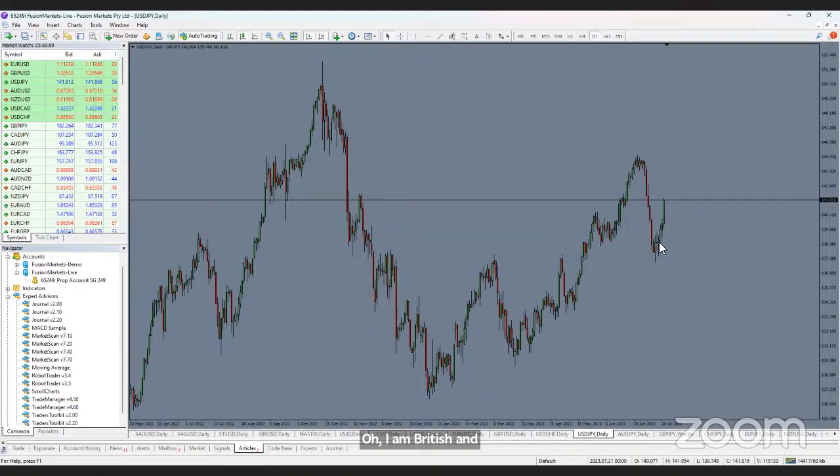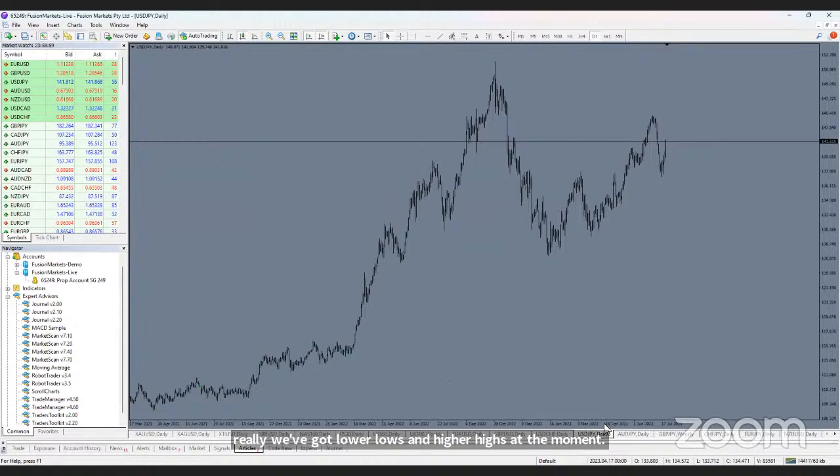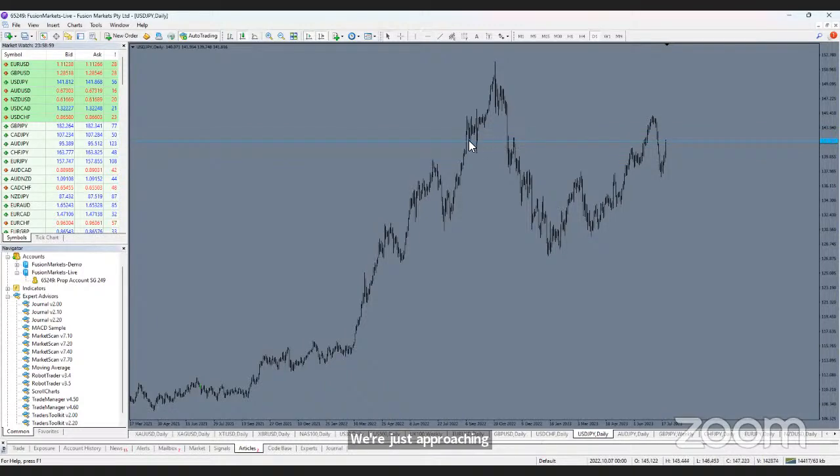Having said that, there is no clear trend on the daily time frame. We've got lower lows and higher highs at the moment, so this is no trend. We're just approaching this horizontal level area over here.